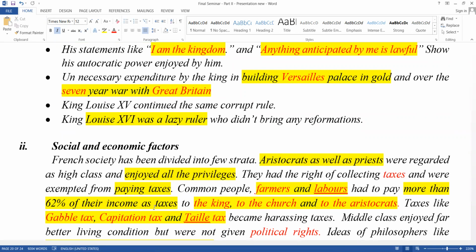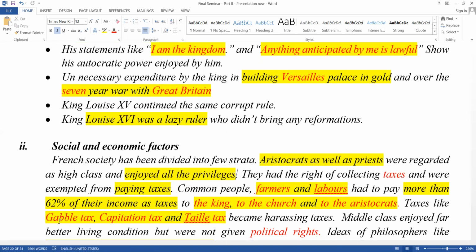And the French government unnecessarily implemented three taxes. Gabelle tax is the salt tax. Every adult had to buy 7 pounds of salt annually. If there are 4 people in the house, 28 pounds. A pound is heavier than a kilo.